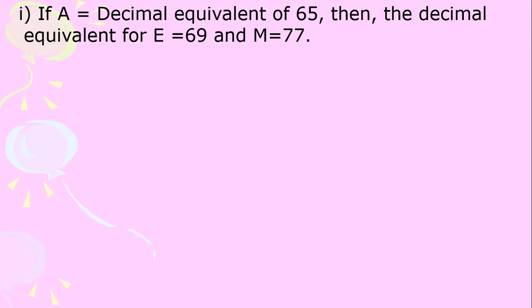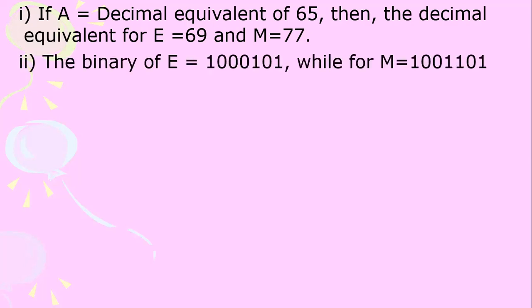So you count from A being equal to 65, B 66, C 67, all the way. When you get the equivalent for E, that's 69, you note it down. And then the equivalent of M is 77, note it down. Once you have noted them down, then get the binary equivalent. So the binary equivalent of E is 1000101.